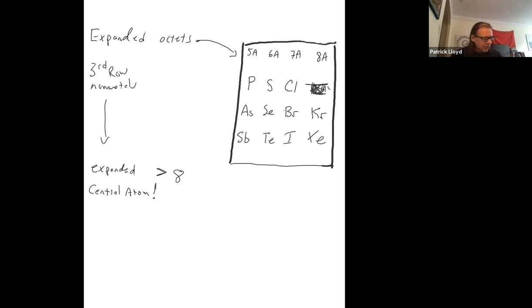So for example, if I have SCl2, chlorine is in this group that I'm highlighting, right? But they're surrounding atoms. So no expanded octet for chlorine. But sulfur is in the center, right? So possibly.